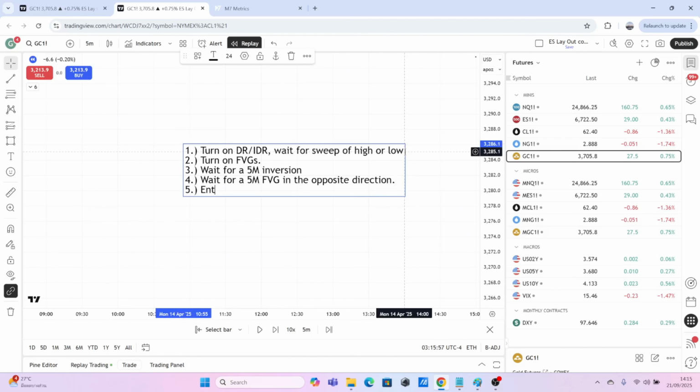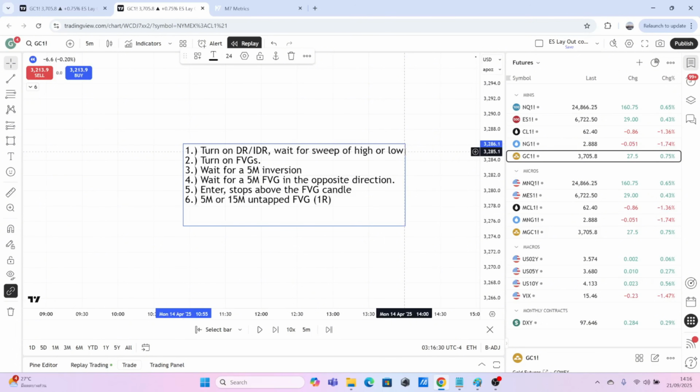Five: enter. Stops above the FVG candle. Probably should have made that number six, but you're looking for a 5 minute or, say, 15 minute untapped FVG. Go for 1R. That's it.